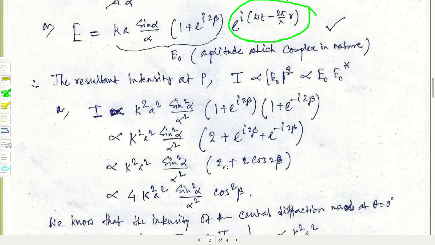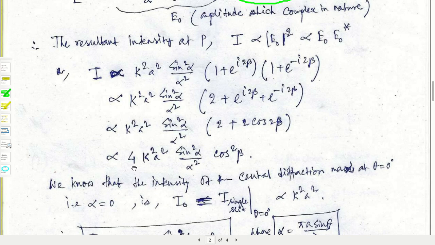This results in 2 plus 2 cos 2 beta. So 2 is taken out, giving 1 plus cos 2 beta, and 2 cos square beta will be the result. So 4 is written at the first of the line: 4 k square into sin square alpha by alpha square and cos square beta.